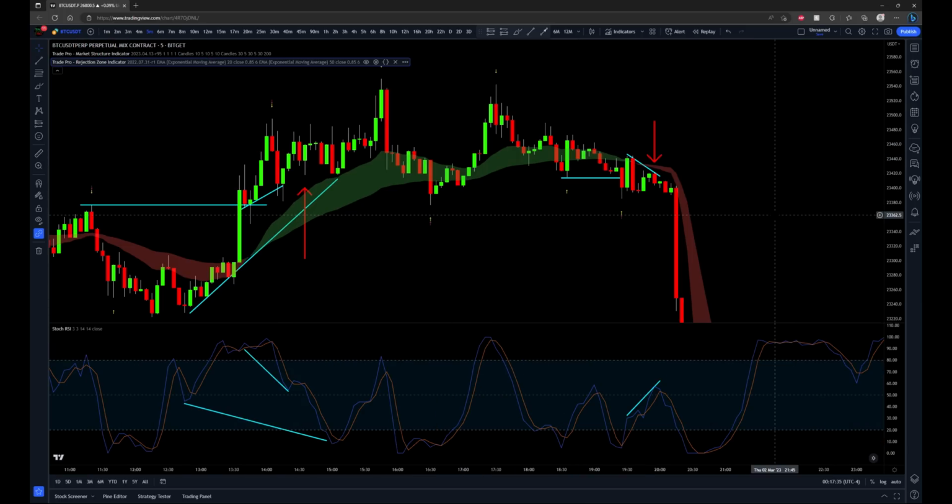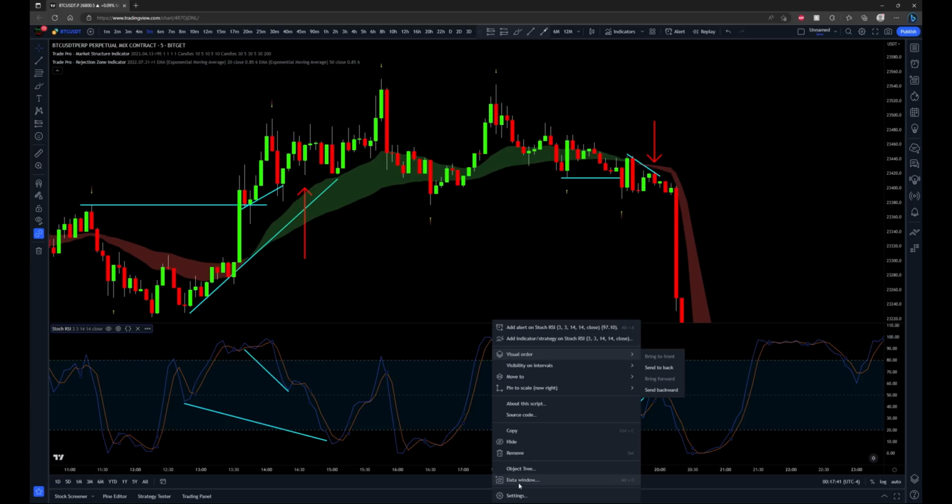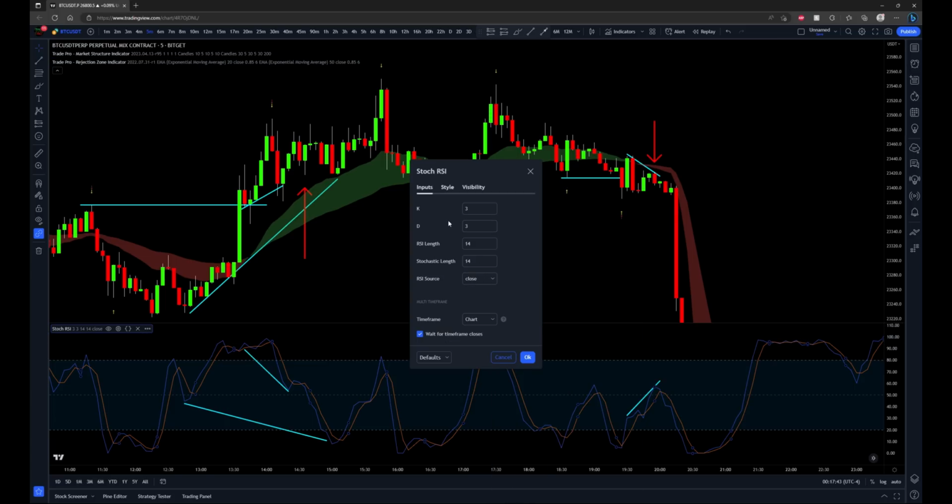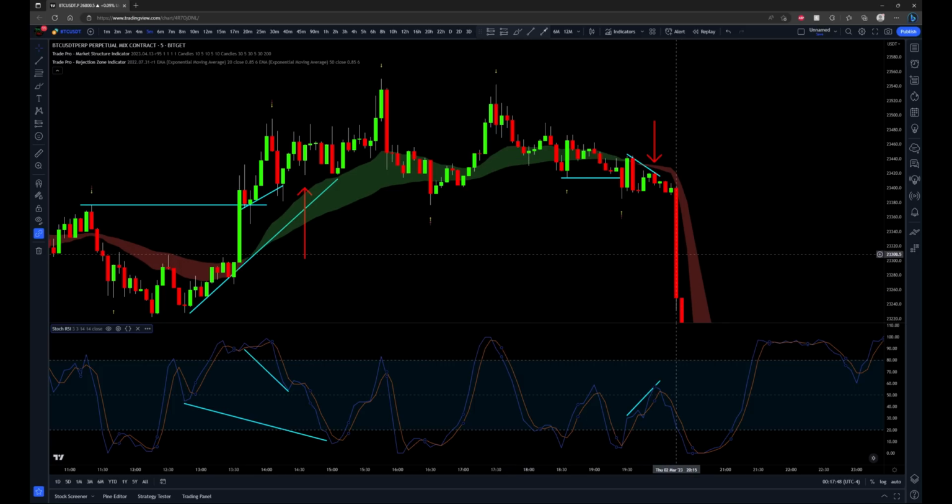Quickly going through the three indicators that I'm using for this setup. First, I have the indicator that I'm using for hidden divergence, and that is the stochastic RSI with default settings of 3, 3, 14, 14, and close. Then I have the trend direction indicator, which is called the Trade Pro rejection zone indicator.